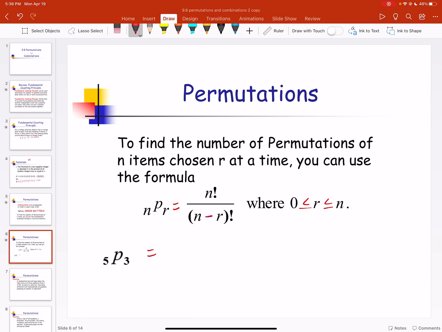In this case, 5 permutation 3 is 5 factorial over 5 minus 3 factorial, which is 5 factorial over 2 factorial, which is 5 times 4 times 3 times 2 times 1 over 2 times 1.